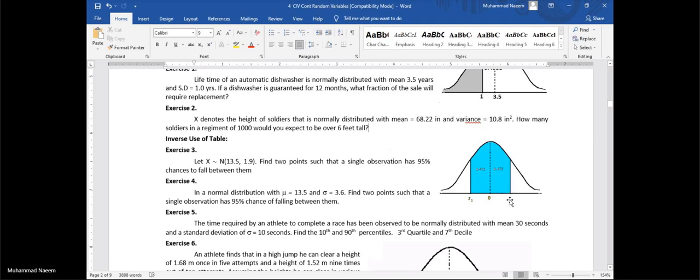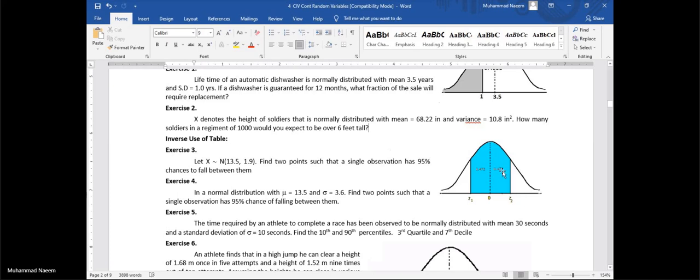72 is here. So for the probability, for the proportion, more than 6 feet is the area under the curve, this one. This area is required. This area we need to calculate. For this purpose, again convert the point in terms of z and find the corresponding area.